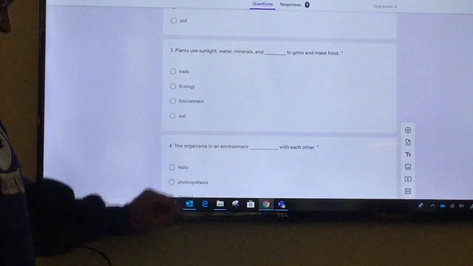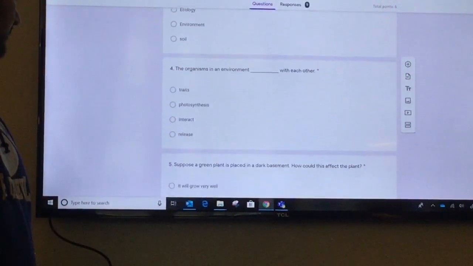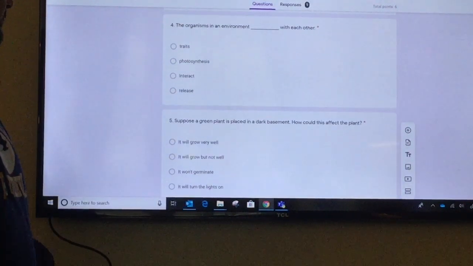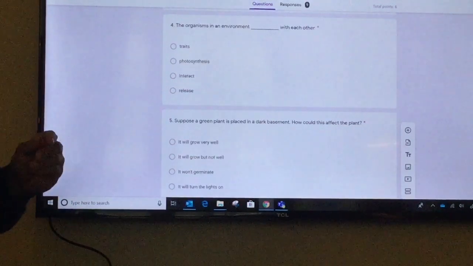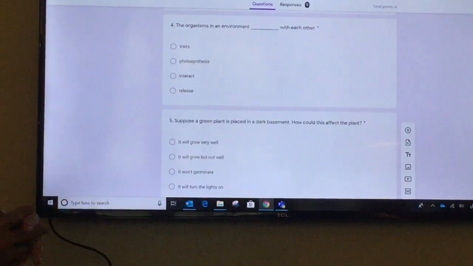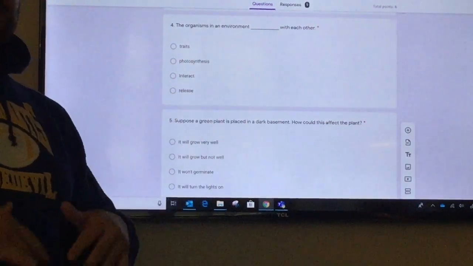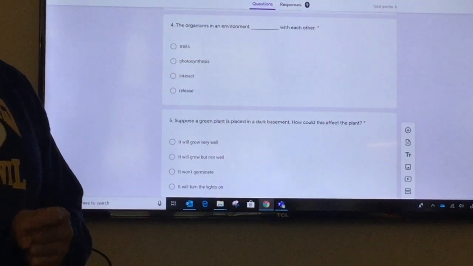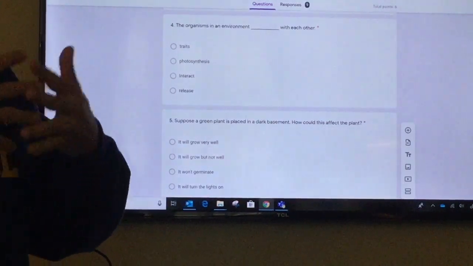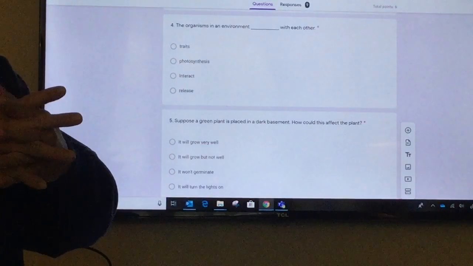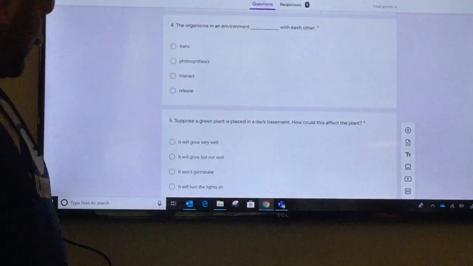Soil was the answer for that one. Organisms in an environment blank with each other. The answer is interact. Your definition should have been to act upon.